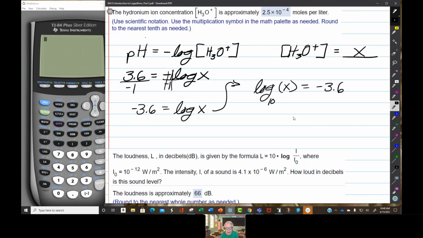How do you solve that? You go to the exact equivalent exponential function, which is you take the base. This is the power.